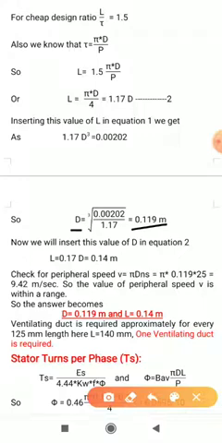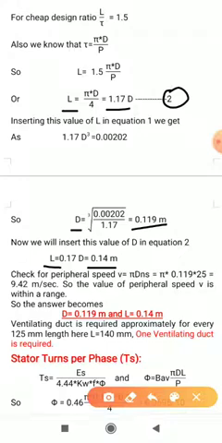And now this value of D we will put in equation number 2. So L is equal to 1.17 into D, and the D value is 0.119. If you calculate this, you will get the L value as 0.14 meter.